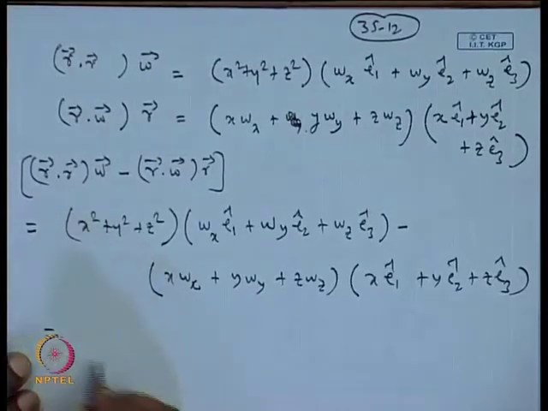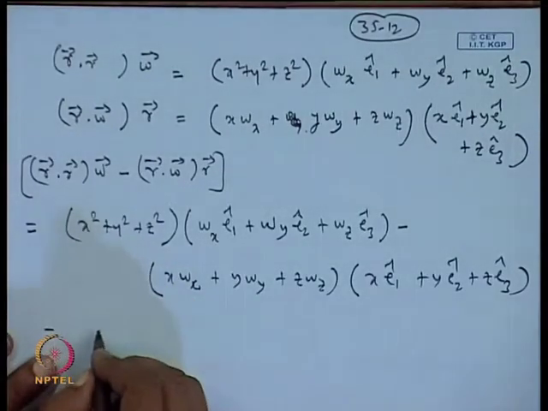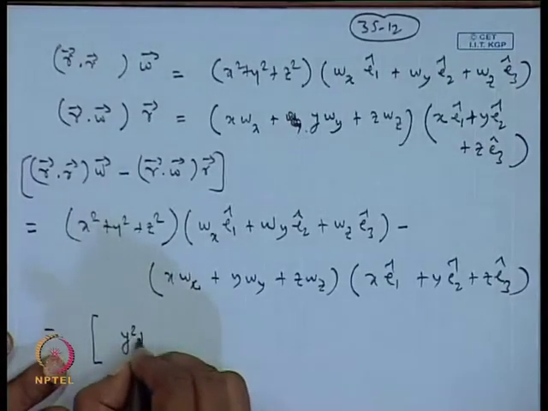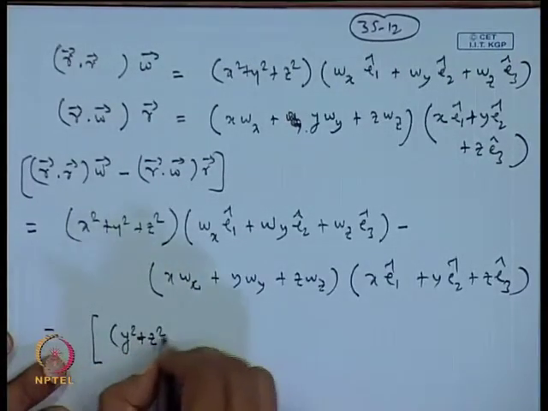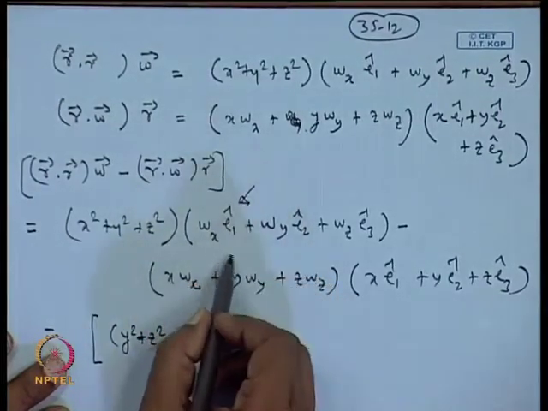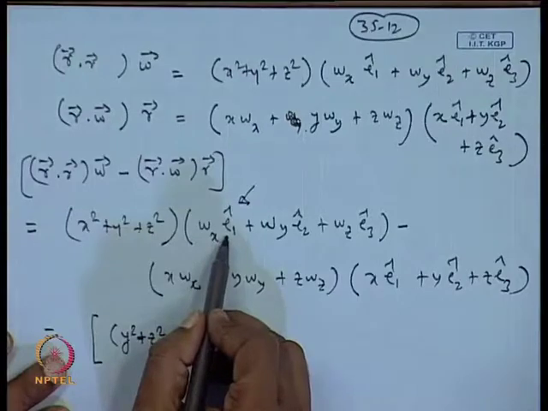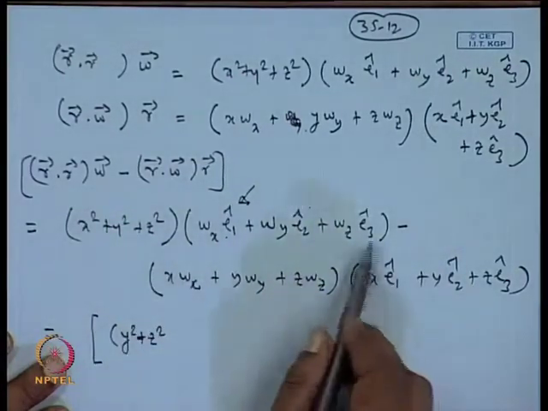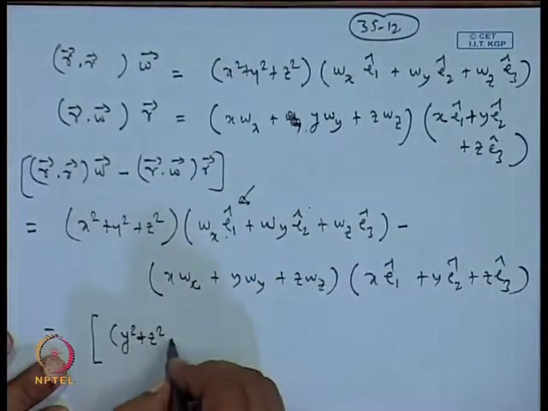Okay. So, if you simplify this equation, this will turn out to be y square plus z square. You collect the similar terms, meaning you have to collect all the terms corresponding to E 1 cap and similarly corresponding to E 2 cap from both these terms and write together.